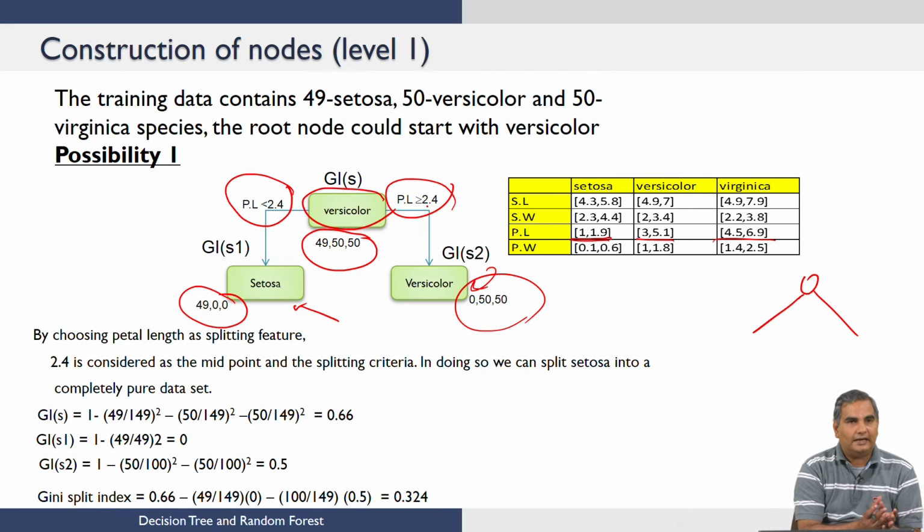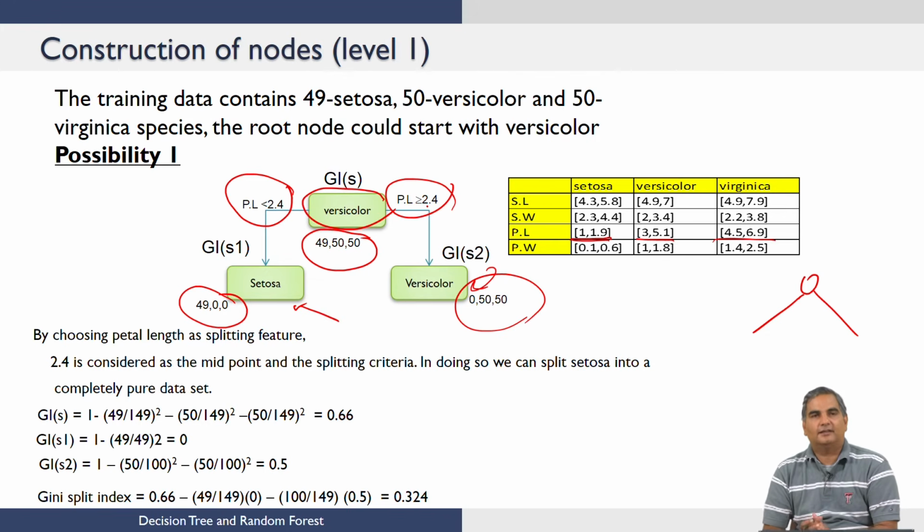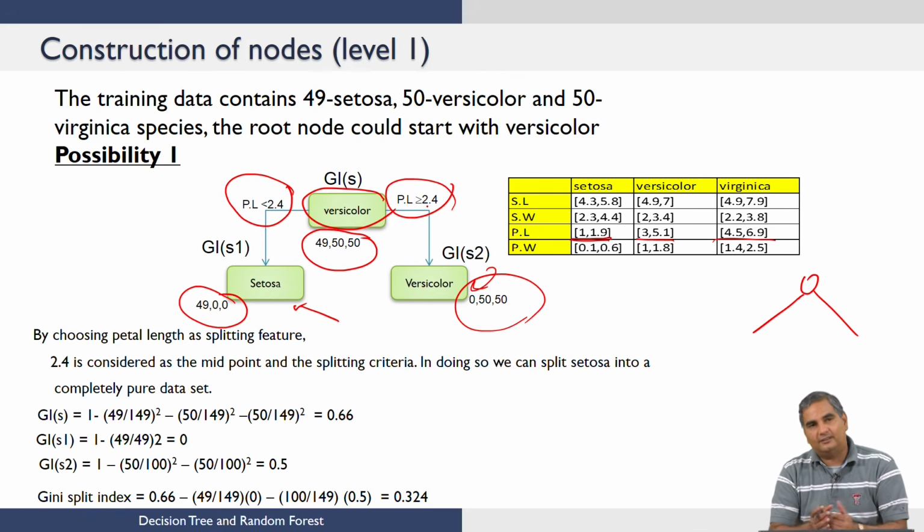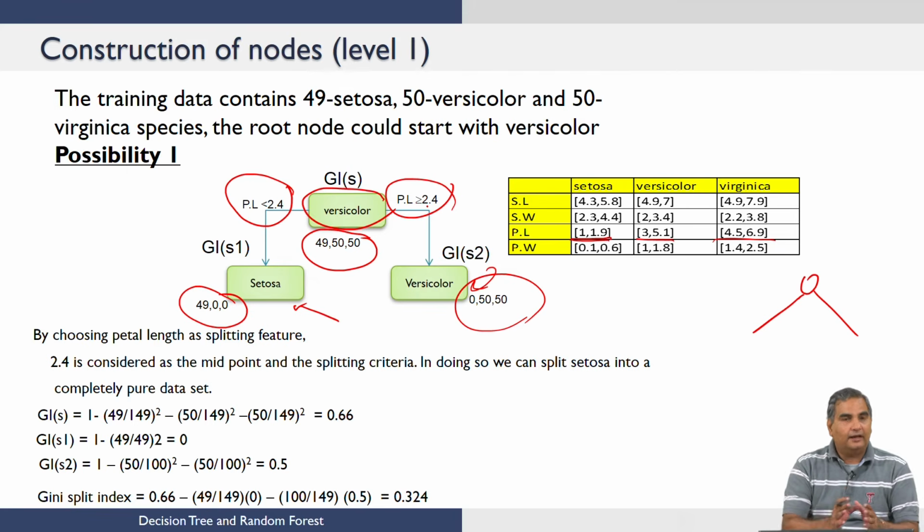One node has 49 data points and the other node has 100 data points. This 49 data point node is a pure node, whereas the 100 data point node is not a pure node. Nonetheless, if you make this decision to choose petal length as the first feature to separate on, and 2.4 as the number, then you will get this.